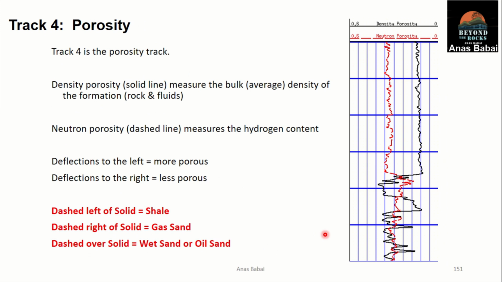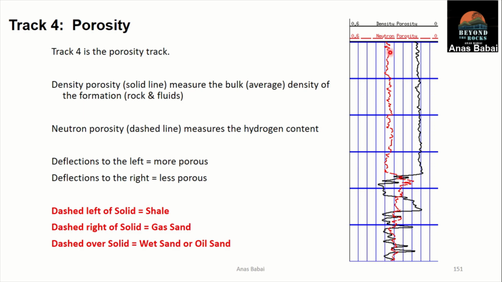Now track 4, which is the porosity track, and we talked in detail about the response of the neutron and density, and how we can use the neutron and density crossovers to identify the different lithologies.